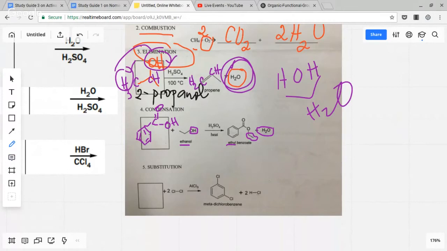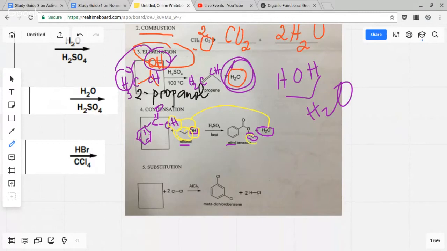So this, let me highlight that, this H and this OH combine together to form your water, while the ethyl takes the place of the H attached to O. That's why you form your ethyl benzoate. You see here?